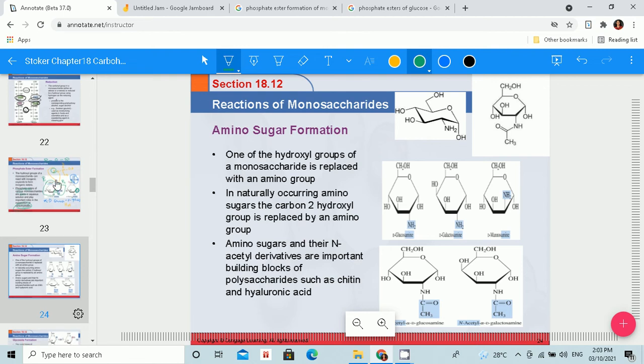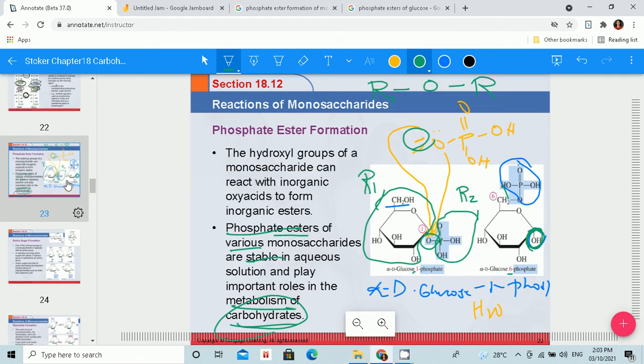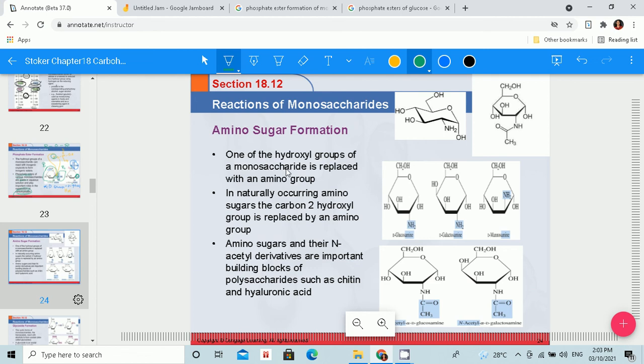Metabolism of carbohydrates is the process of using our carbohydrates in our body. So we also have the fourth reaction, amino sugar formation.